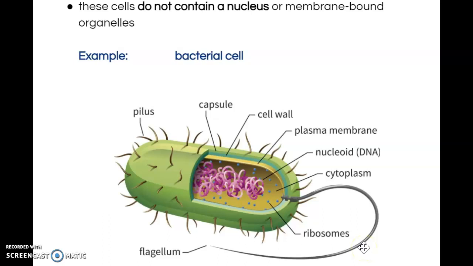So prokaryotic cells are unicellular organisms with no nucleus and a few different organelles. They have cytoplasm, nucleoids, DNA, plasma membranes, a cell wall, pilus, ribosomes, and flagellum. Again, all these organelles do something for the cell. They carry out a specific function or a job for that cell.